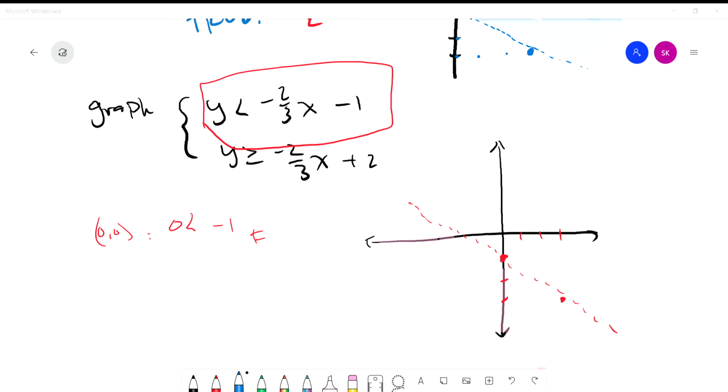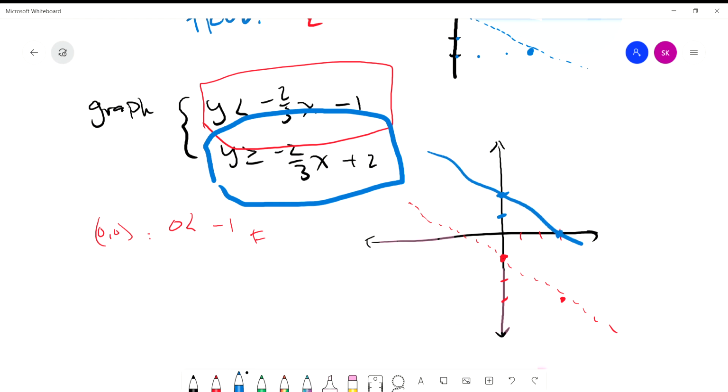For the other one, if I have an intercept at 2, that's 1, 2, and a slope of -2/3 is to go down 1, 2, and over 3. This one's a solid line, and it's parallel. It should be straight and parallel to the other one, right?